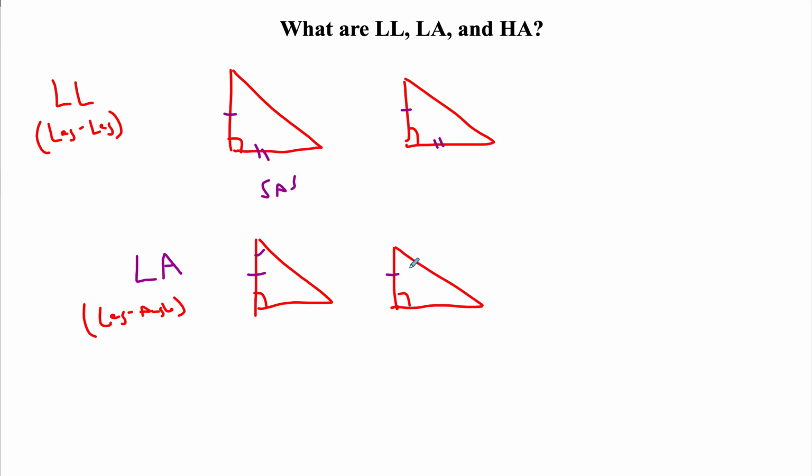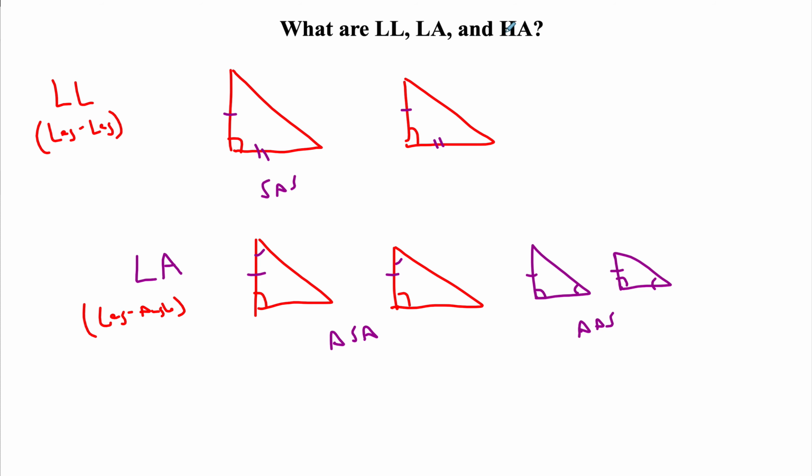So if I knew like this angle and this angle, hey wait, that's angle side angle. In other words, leg angle could be angle side angle, or in a slightly different situation, this angle and this angle, hey, that's angle angle side. So leg angle is just another way of saying angle side angle or angle angle side in a right triangle.